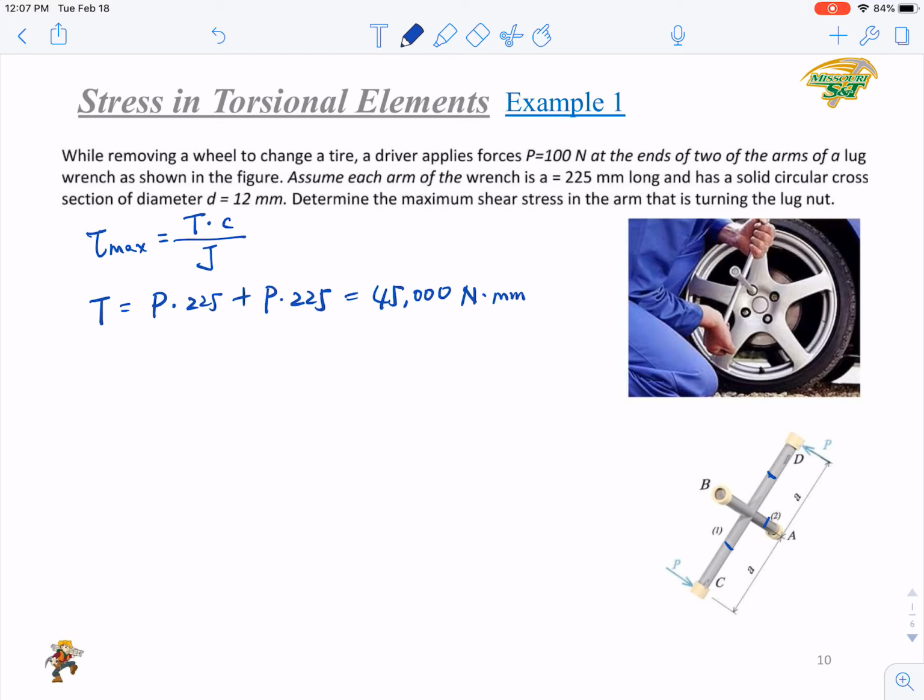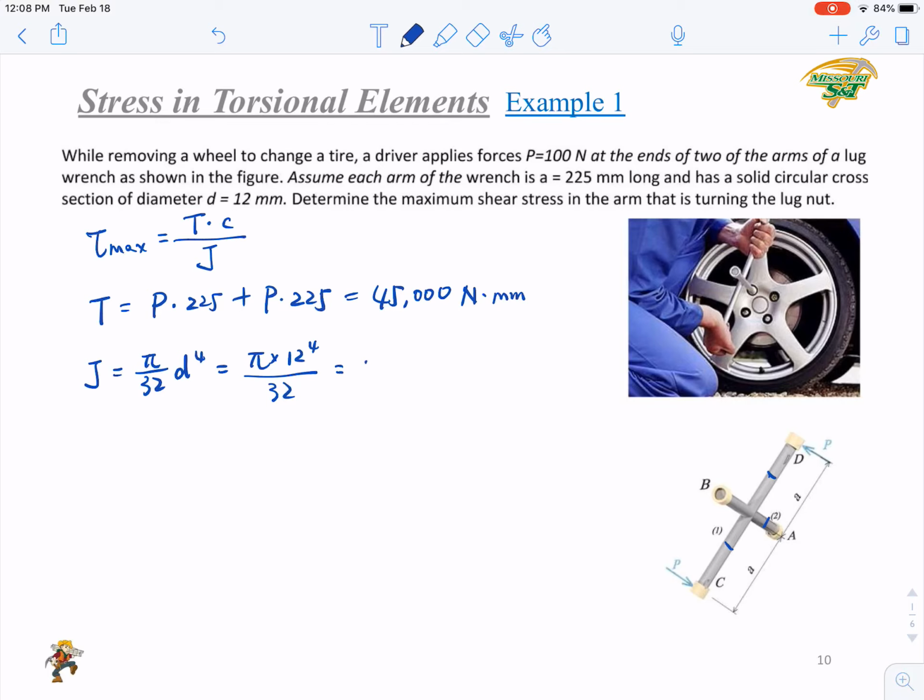And the J, this is a solid circular shaft, so J equals pi over 32 times D to the fourth. This is pi times 12 to the fourth over 32.